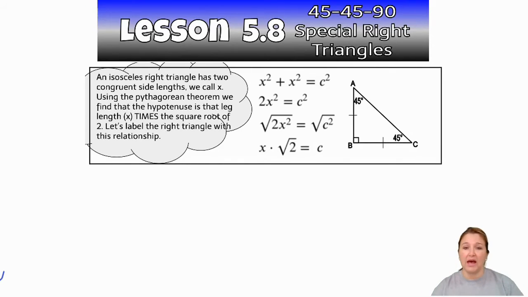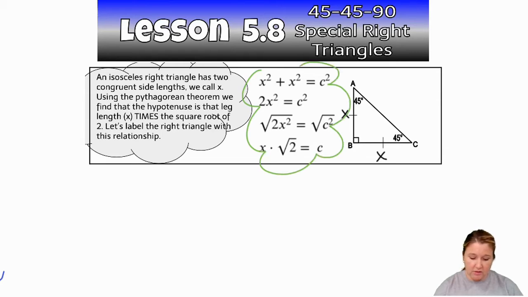if the sides are going to be some value, we call them x, so both of the sides have to be x. Then to find the hypotenuse, using the Pythagorean theorem as you see here, you can see that c is going to be that leg length, which we labeled as x.